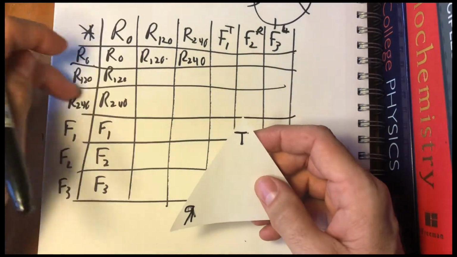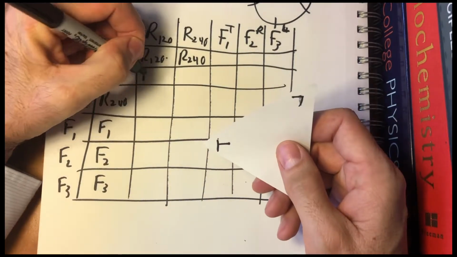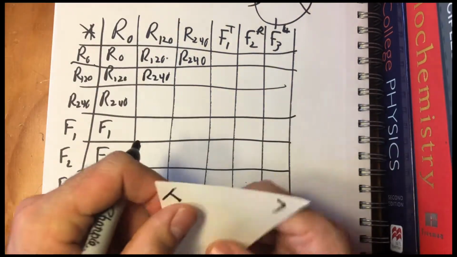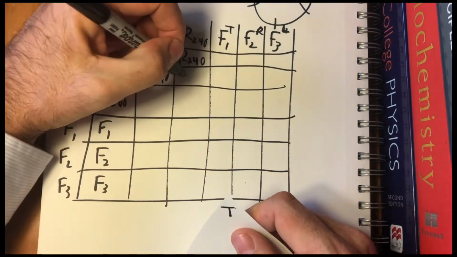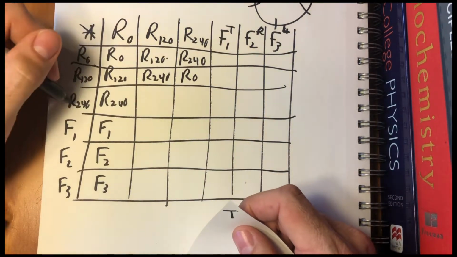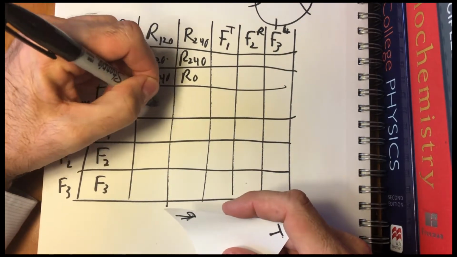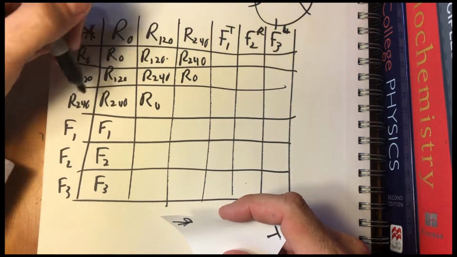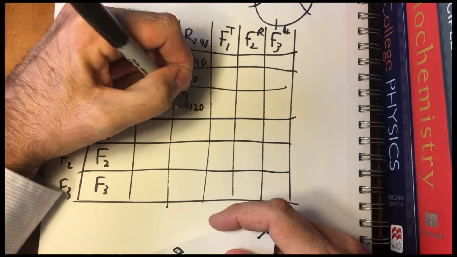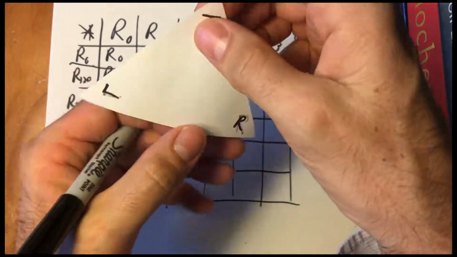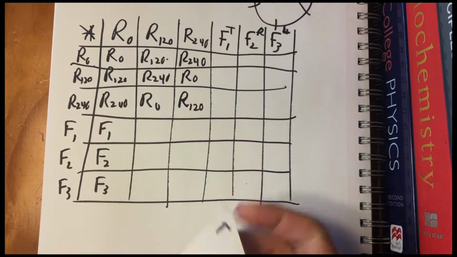If you rotate it one turn and then rotate it another turn, that's obviously R240. And if you rotate it 1 and then rotate it 2, you're going to end up back where you started. So that's 0. If you rotate it twice and then rotate it once more, you're going to be at 0. And if you rotate it twice and then rotate it twice again, you're going to end up having gone around once, so you'll end up over 1.